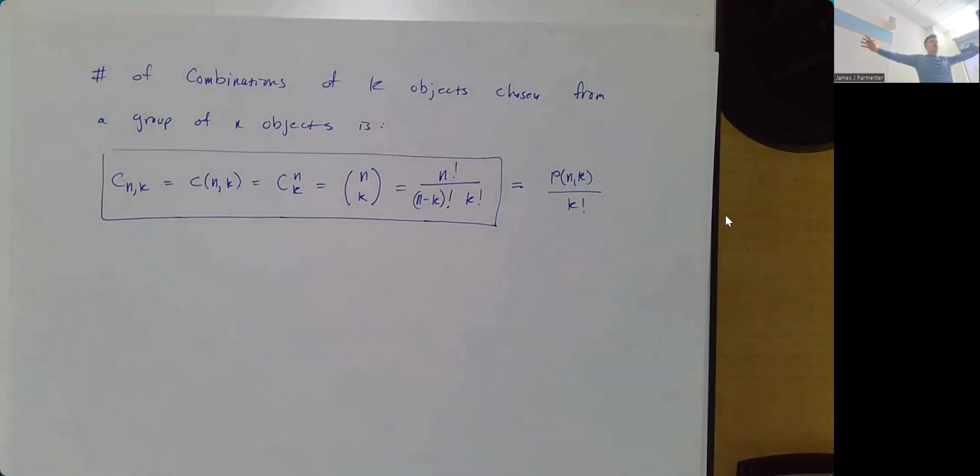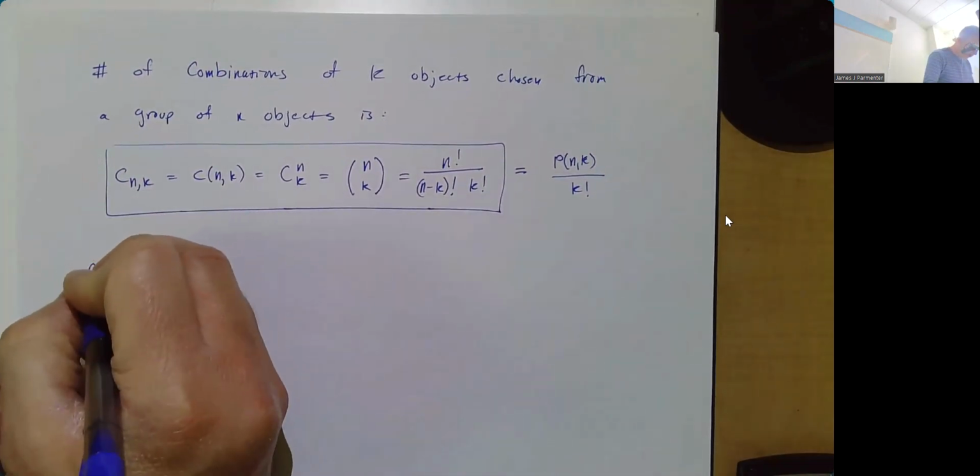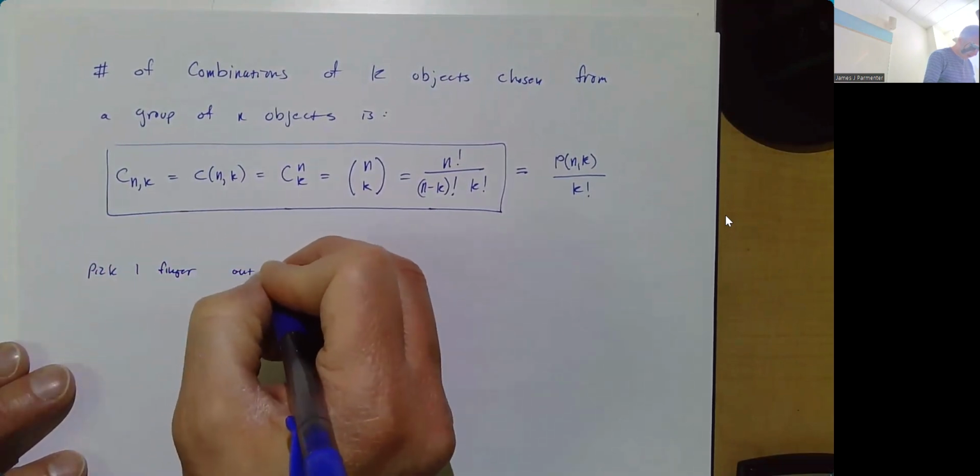Okay, so now let me ask you a question. How many ways are there of picking 1 finger out of 5 fingers? How many different fingers could I pick? 5, right? 5 choose 1. Let's see, take a look here. So how many ways can I pick 1 finger out of 5?